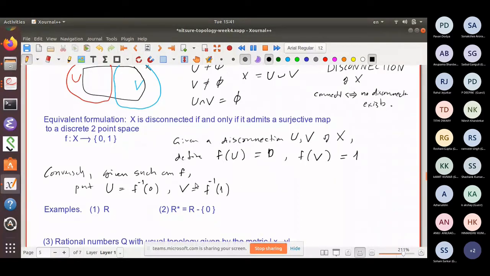Why are they non-empty? Yeah, somebody wants to answer? Yeah, you are right. Because it is surjective, this is non-empty. There is indeed something which goes to 0, and there is indeed something which goes to 1 because it is surjective. Good.